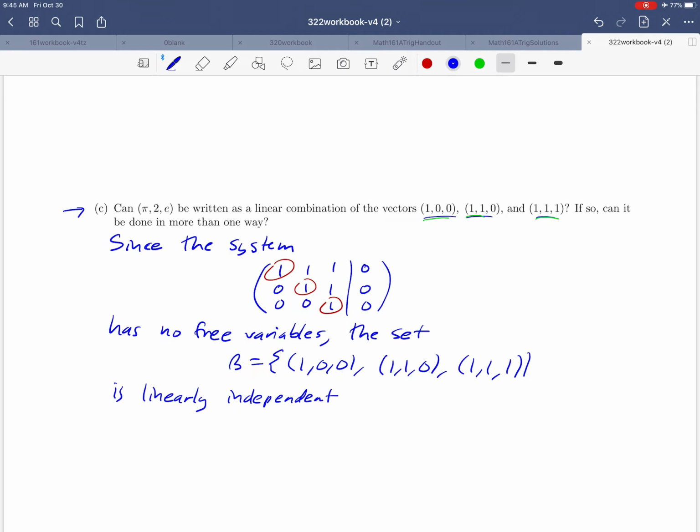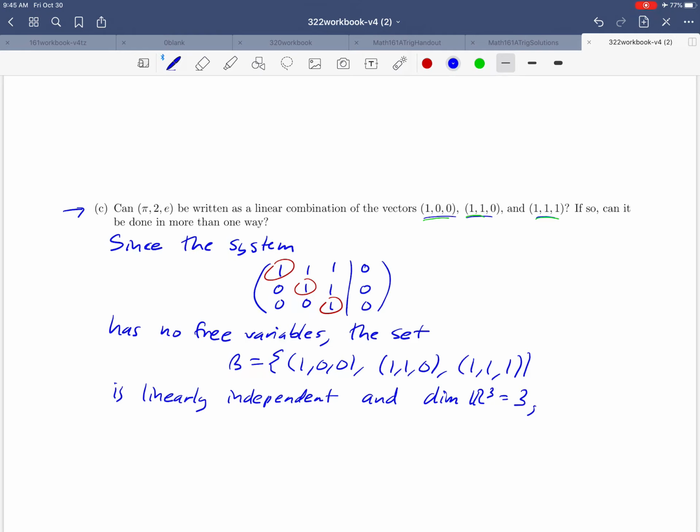But we can say a little bit more here. These are 3-tuples in the vector space R3, and we know that the dimension of R3 is 3. If you look back at our dimension facts, we've got two things here. We've got a linearly independent set of 3 vectors in a 3-dimensional vector space.